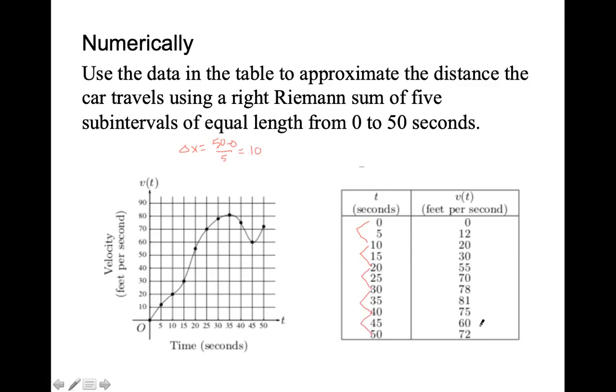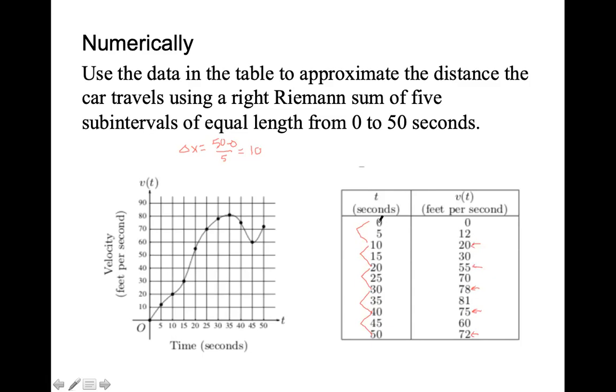So for this first one, I'm going to be using a height of 72, right? Because that's the right end of that last subinterval. The subinterval before that, I'm going to be using 75, 78, 55, and this one was 20. All right, so it's 20, right?